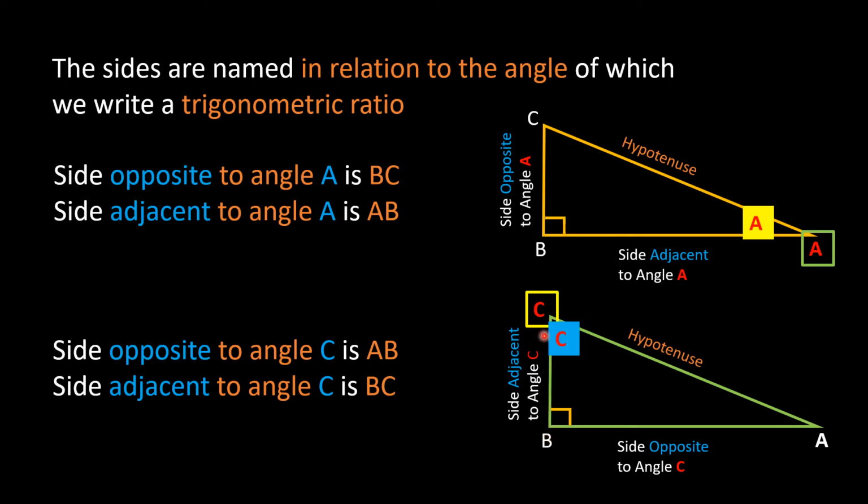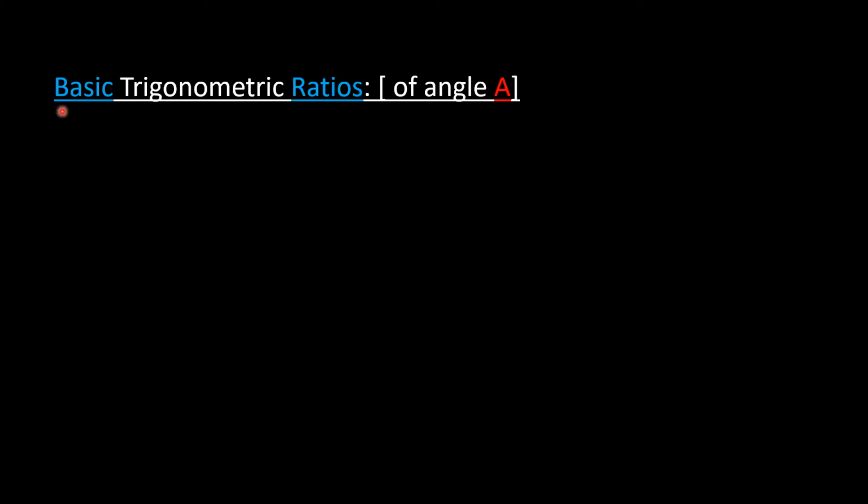So we observe that as the angle in a right triangle changes, the meaning of the adjacent side and opposite side also changes. Sine, cos and tan are the three basic trigonometric ratios, so we will write basic trigonometric ratios of angle A.